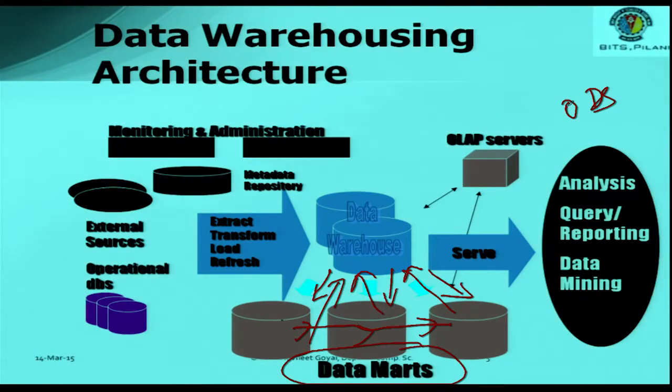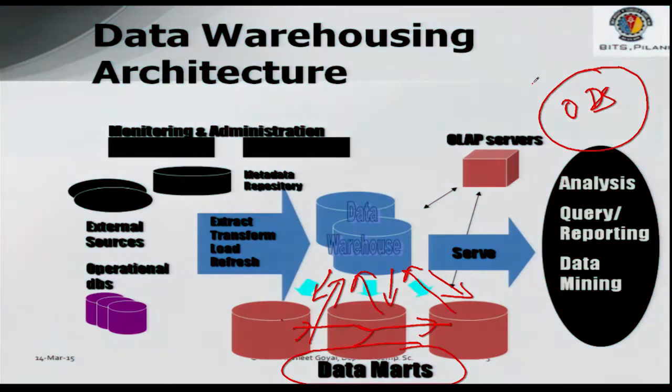If it is not there and your objective is to build a data warehouse, then you don't worry about this ODS. So that's why this ODS is not explicitly visible in this architecture.